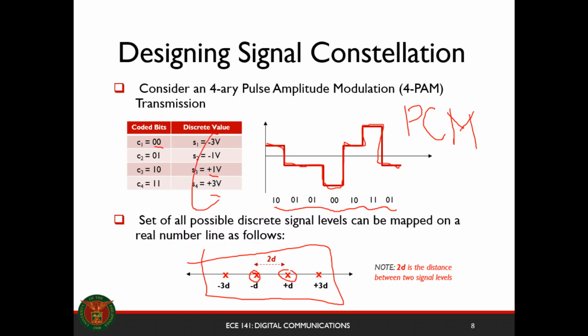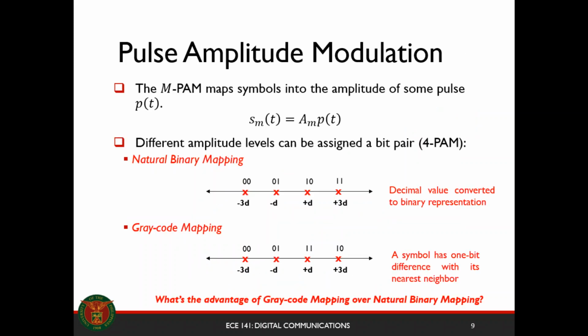So the pulse amplitude modulation works in this format. If we have an M-PAM, we map the symbols into the amplitude of a given pulse. From the previous example, we use the rectangular pulse. So depending on the amplitude level of the rectangular pulse, we have a symbol.